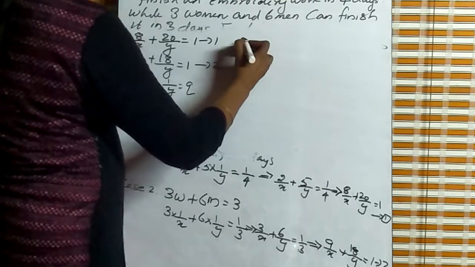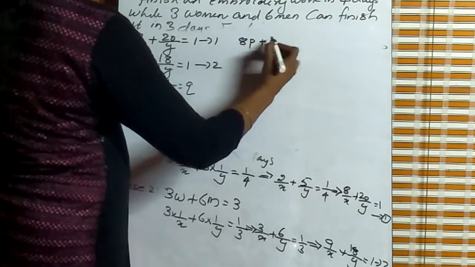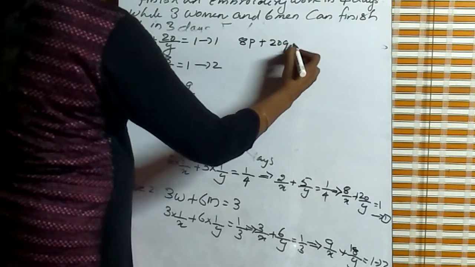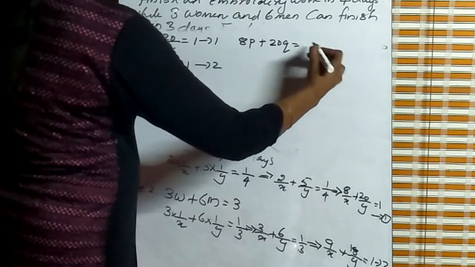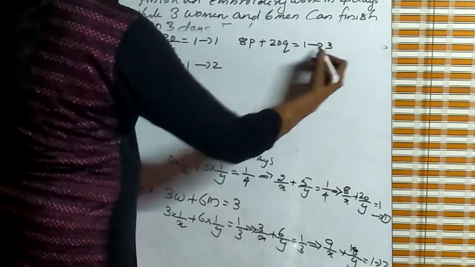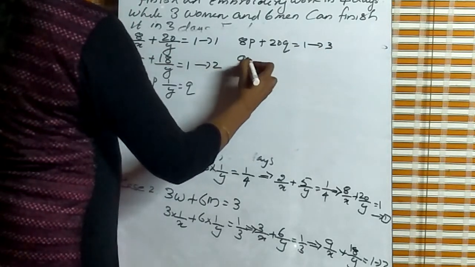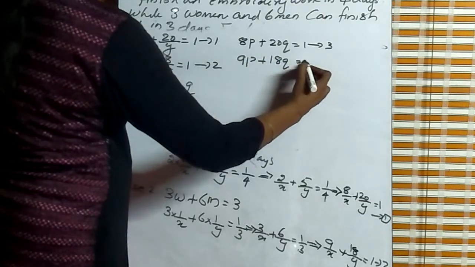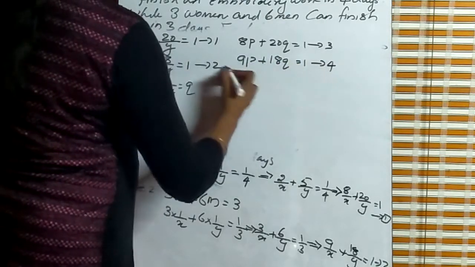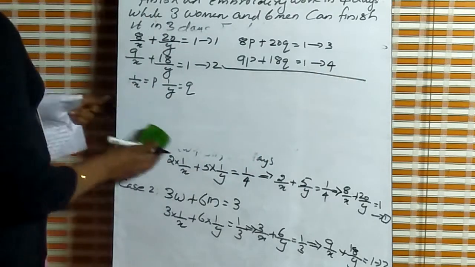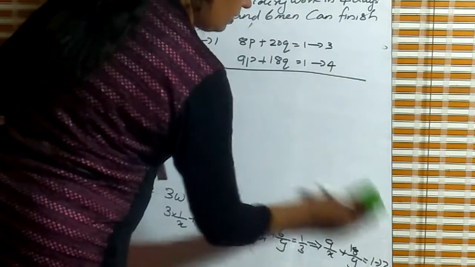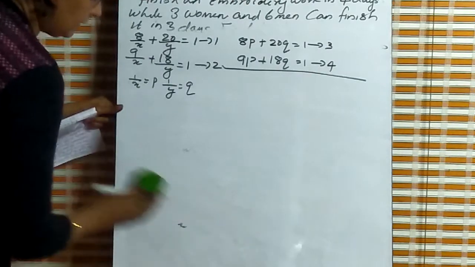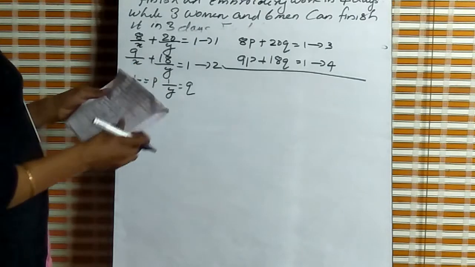We will get 8p plus 20q is equal to 1. This is equation 3 and 9p plus 18q is equal to 1, equation 4. We have to solve 3 and 4. For that we equalize any one of the variables, either p or q.